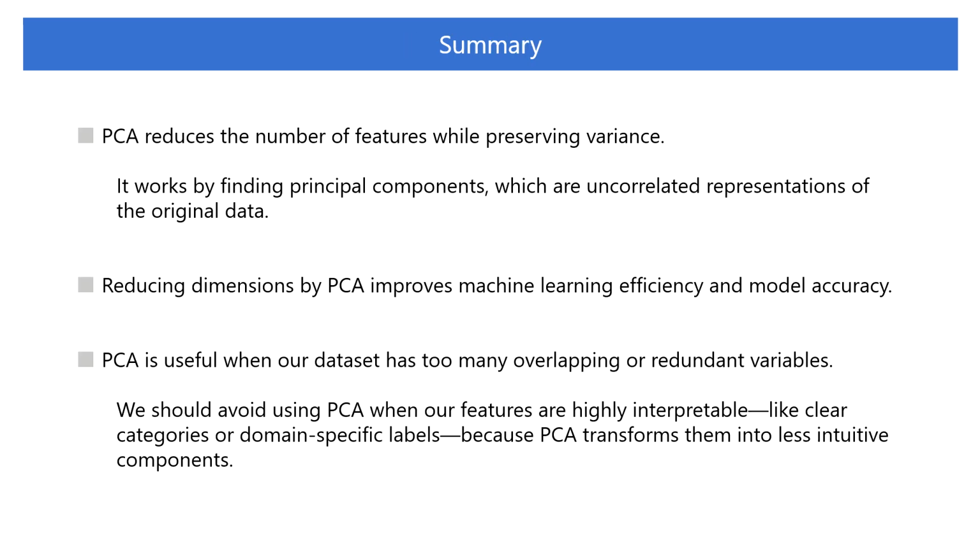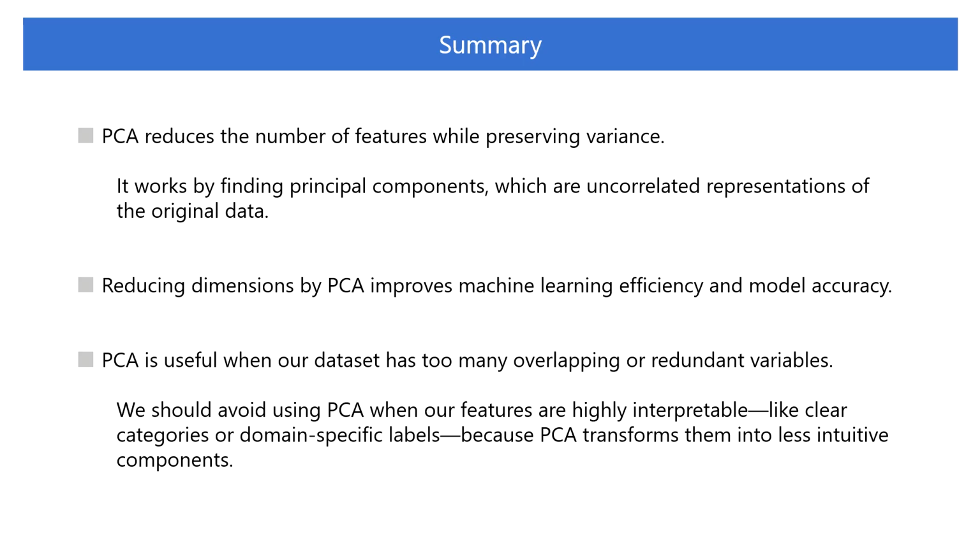Let's wrap up. PCA reduces the number of features while preserving variance. It works by finding principal components, which are uncorrelated representations of the original data. Reducing dimensions by PCA improves machine learning efficiency and model accuracy.